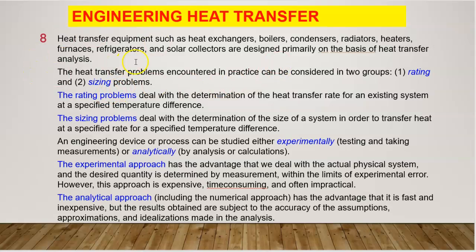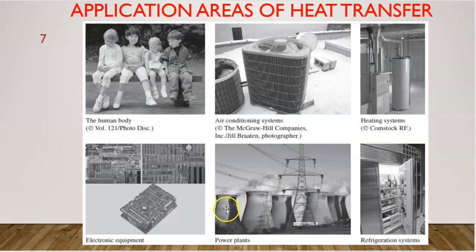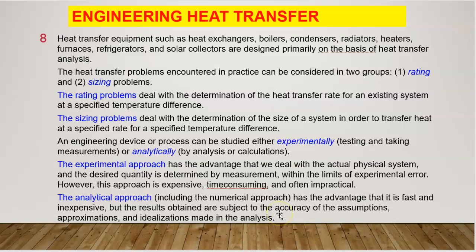This is the problem. In a big company, for example, this is why you need so many cooling towers. It cannot be only one; perhaps one is already enough to cool whatever we have here. So these are rating and sizing problems.